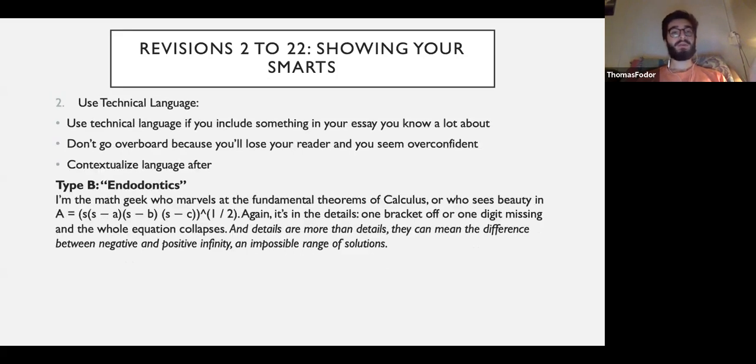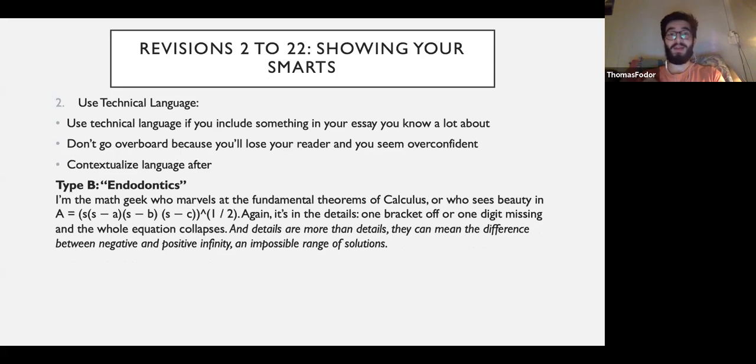All right. The second technique we can use is to use technical language. Oftentimes, we have passions or things that we know a lot about, and we can include this technical language to show that you know a lot about a specific thing.